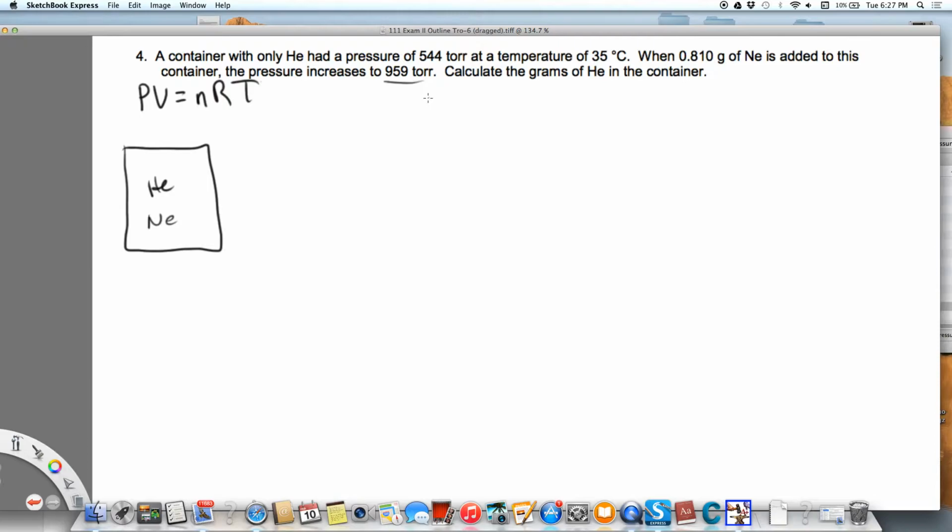So the way we want to approach this is we want to use the ideal gas law. And we know that for any gas, PV over nT is going to equal a constant. So that's R. So we know that the pressure of helium times the volume of helium over the moles of helium times the temperature of helium equals R, right?